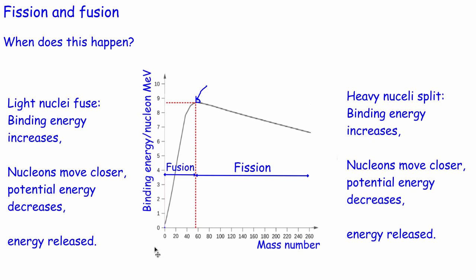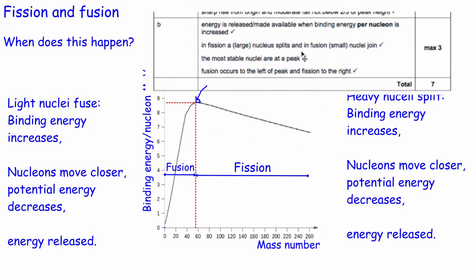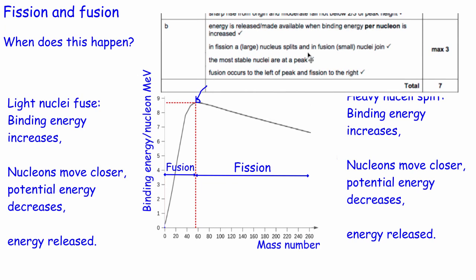So you could potentially be asked why, in terms of this graph, energy is released in fission and fusion. So this is an example from the exam board. They basically said, and these are the four things that you need to know. And so we're going to mention both fission and fusion in our answer. So for example, energy is released when the binding energy per nucleon is increased, which is basically what we've just said.